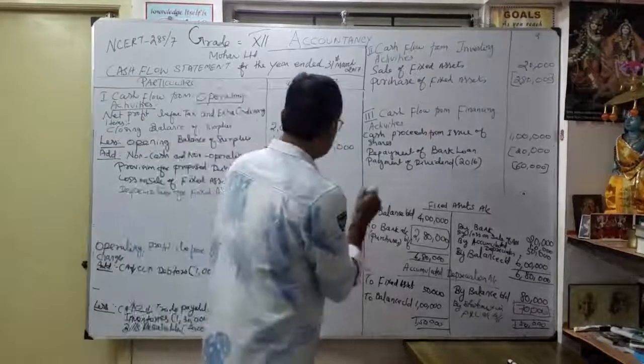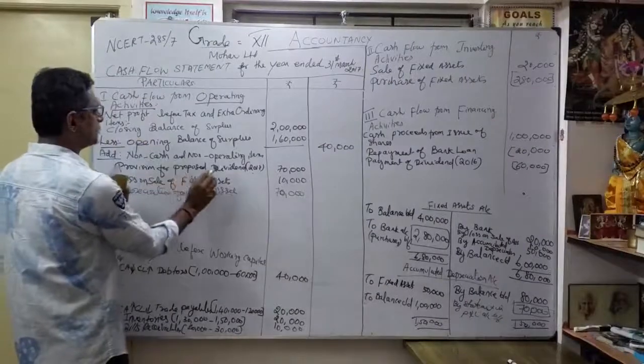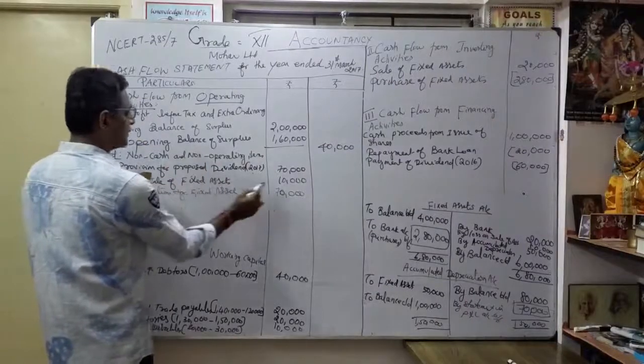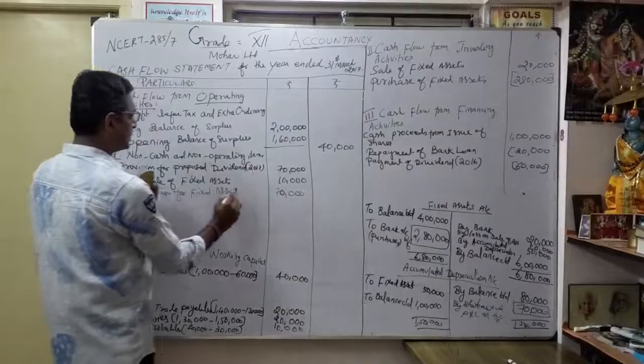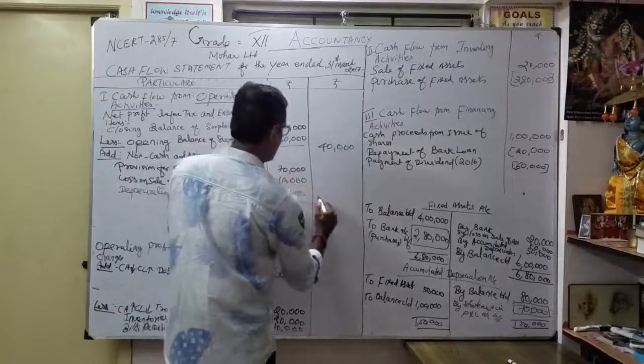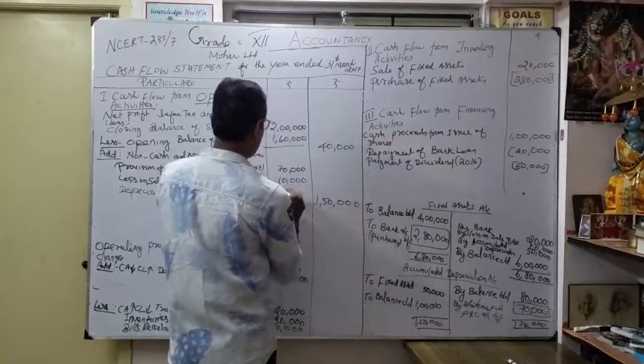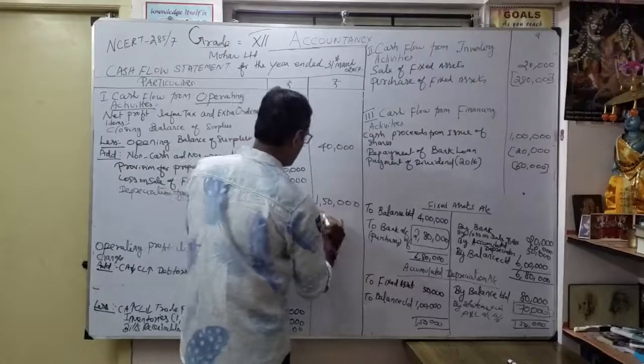See here. As I add, what are the 3 items? Provision for proposed dividend, loss on sale of fixed assets 10,000, depreciation for fixed assets 70,000. So what is the total here? 8 plus 7, 15, so 1,50,000. Correct? Then you have to total it here.